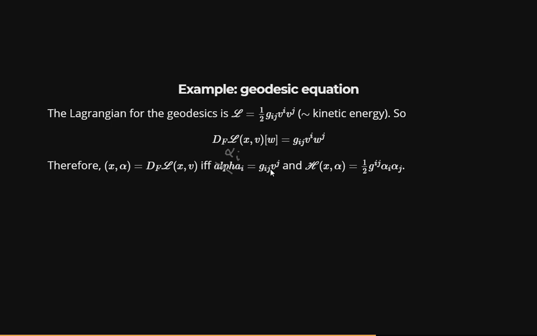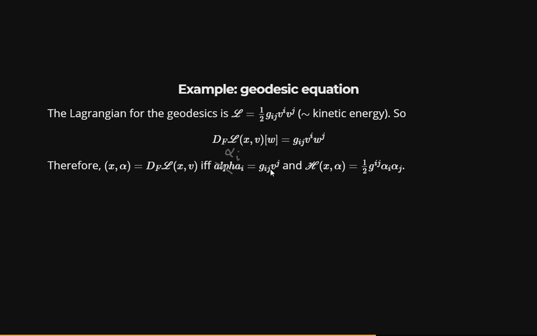So in this case, the fiber derivative is just lowering the index. So the Legendre transform is just the scalar product minus the function, which is exactly the Euclidean Legendre transform.